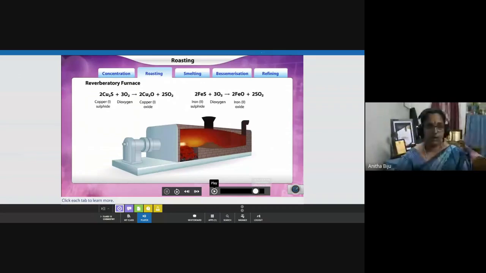This is the second and third equation related to the same process. 2Cu2S plus 3O2 giving 2Cu2O plus 2SO2, and second is 2FeS plus 3O2 giving 2FeO plus 2SO2. So we have two major products: one is copper 1 oxide, cuprous oxide, and second is ferrous oxide. Along with that, one more byproduct is there, sulfur dioxide.